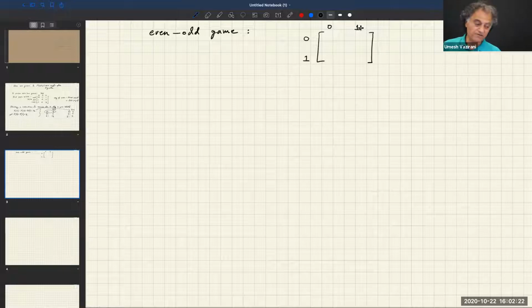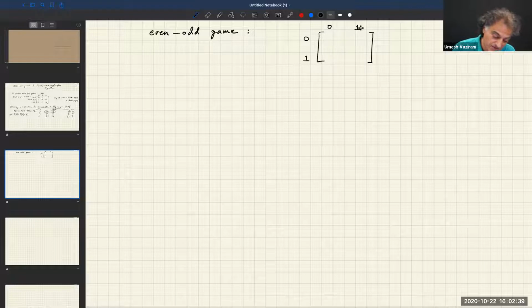So if it turns out to be an even number, then Alice wins the sum. Alice's payoff is the sum of the numbers, and if the sum is odd, then Alice loses the sum.